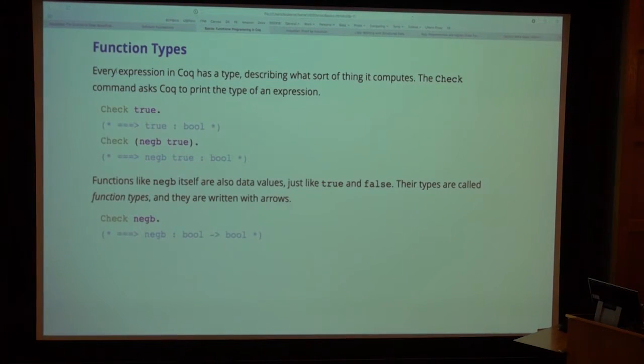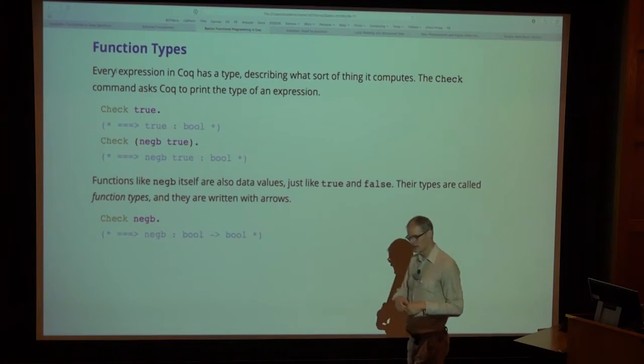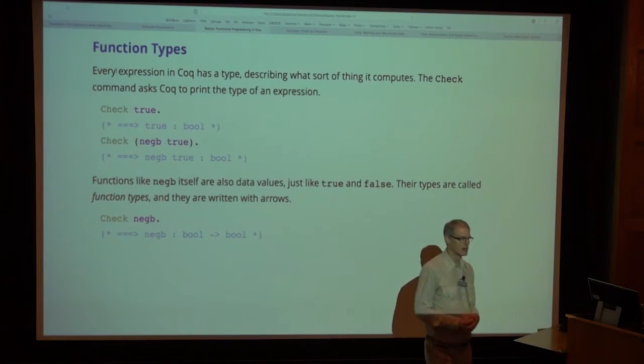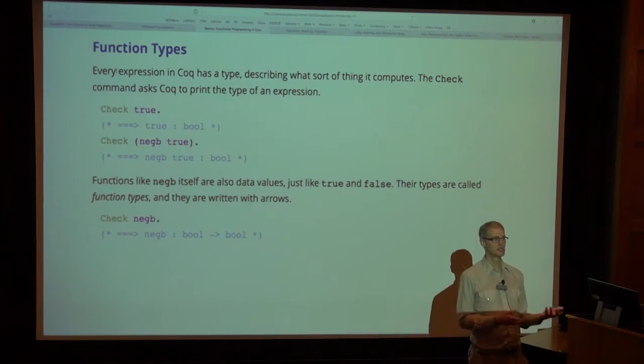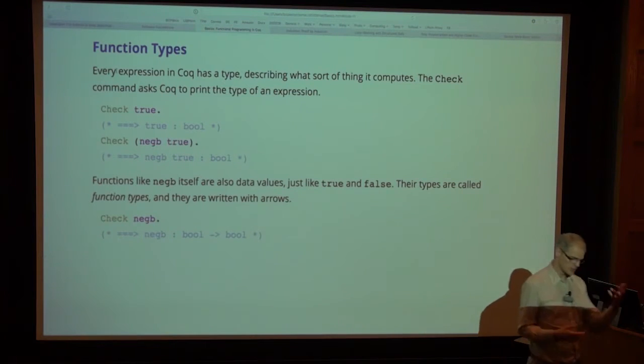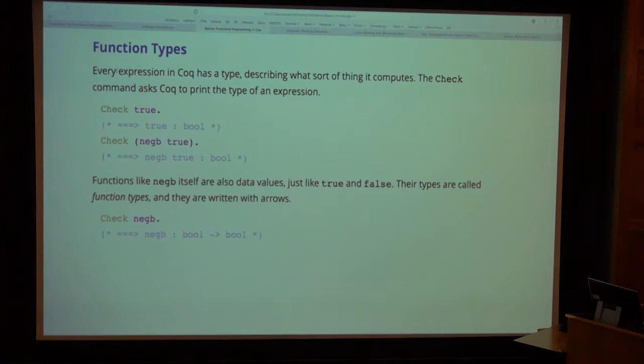Okay, we can define not only data, but... excuse me, back up. We have defined data and functions. Coq, being a functional language, considers that functions are first-class citizens. That is, functions can be used as data, passed around, stored in data structures, and so on.